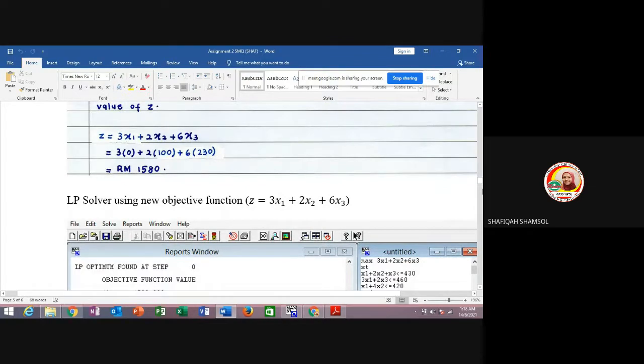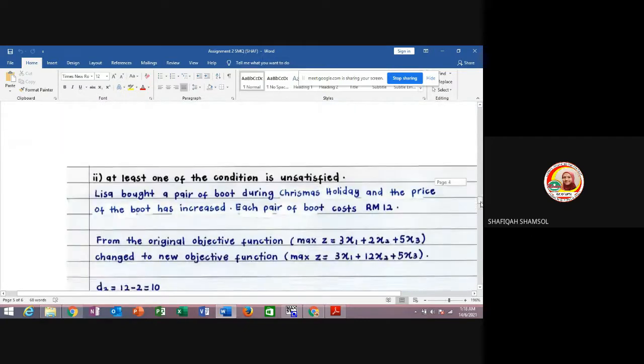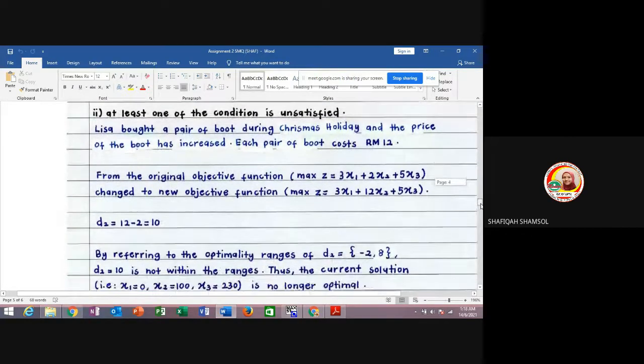So as you can see, we get the same answer for the calculation that we have calculated manually with the LP solver. Okay, for the next question, at least one of the conditions is unsatisfied. Lisa bought a pair of boots during Christmas holiday and the price of the boots has increased. Each pair of boots costs 12 ringgit. For the original objective function, z equals 3x1 plus 2x2 plus 5x3.